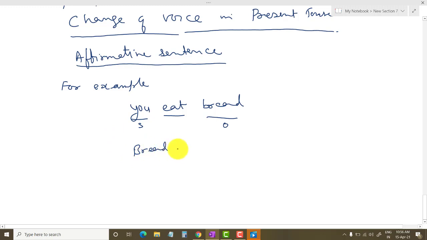Bread is eaten by you. The subject becomes object and object becomes subject, and according to the tense chart, active voice is in present tense, and according to the rules, is plus V3 is used in passive voice.